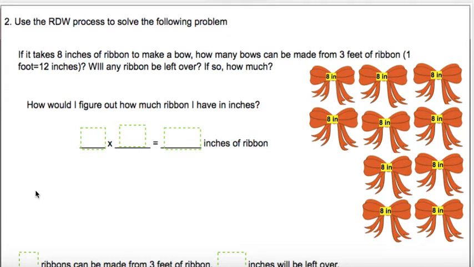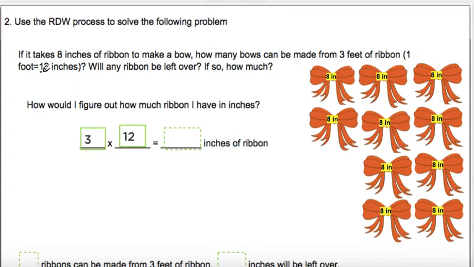All right, team, welcome back. How do we convert 3 feet of ribbon to inches? What did you do? I did the same thing. 3 times 12. Where'd you get 12? Yes, good.